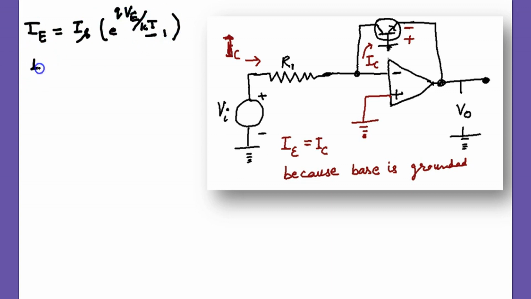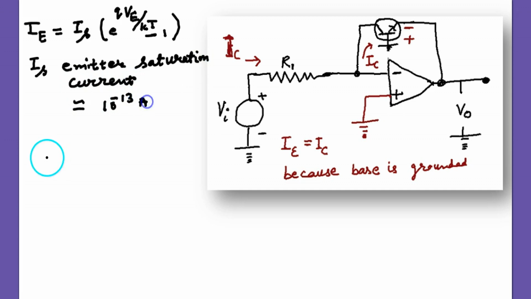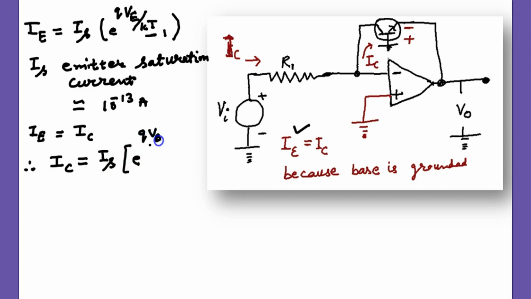So this is the transistor equation for emitter current. IS is the emitter saturation current, and very small, 10 raised to the power minus 13 ampere. IE equals IC because the base is grounded, so IE is written as IC here.